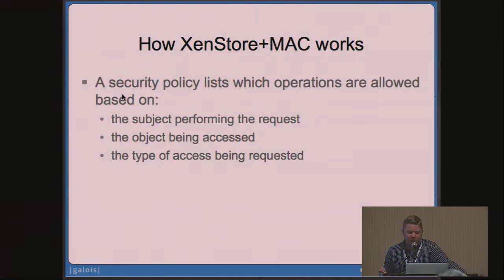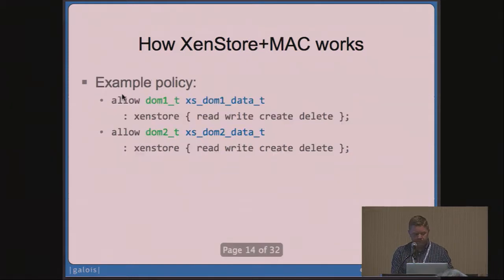So once we've labeled the objects in the system, what we do is we write a security policy where, again, starting from everything is denied, we write rules that allow accesses to occur based on who's doing the request, what object they're requesting access to, and what type of request they're doing, whether it's a read, write, etc. So some examples here. In this first one, DOM1T is the security label for a domain, so DOM1.